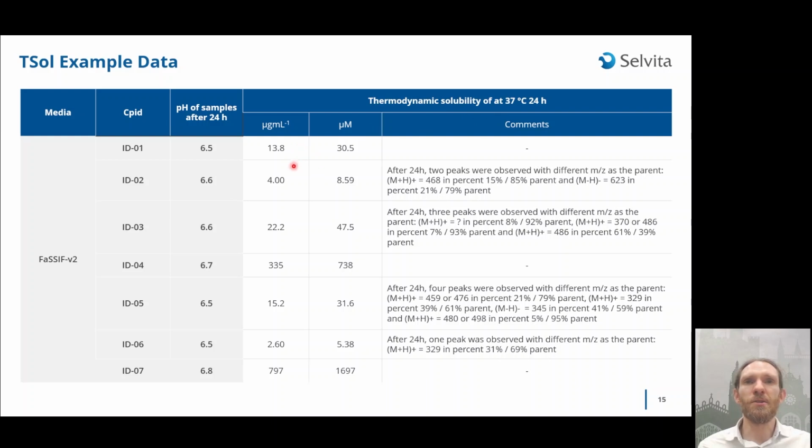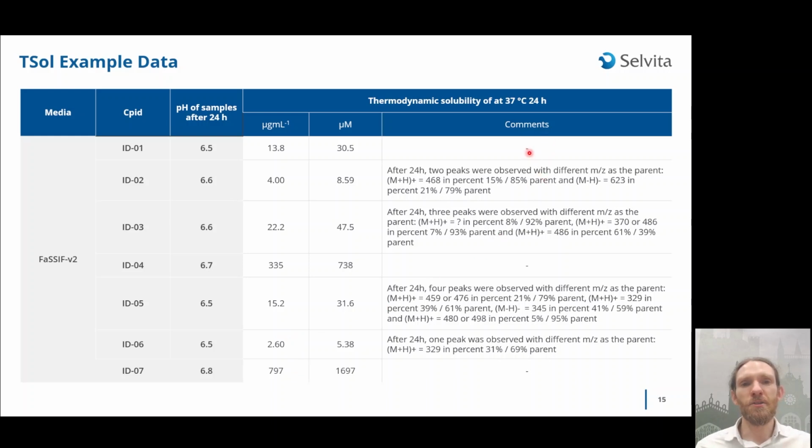Some compounds, as you can see, are quite poorly soluble, but some of them are very nicely soluble. 300. You remember 60 micrograms per milliliter was the benchmark for good or bad solubility. And compound number 7 is exceptionally well soluble. Some are very poorly soluble. And the next column constitutes comments.